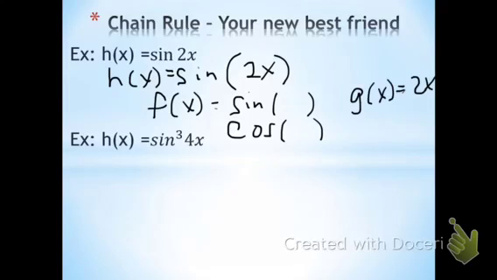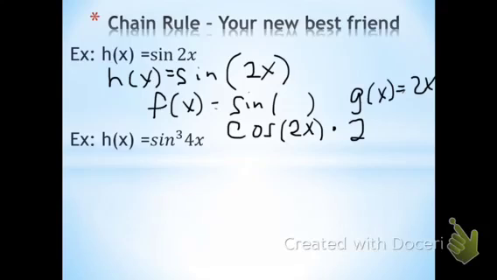Cosine of what? Cosine of the original contents, the 2x. Nothing changes there. And then g of x is 2x. How do we take the derivative of 2x? Well, that's simply going to be a 2. And so the derivative of the sine of 2x is the cosine of 2x times 2.